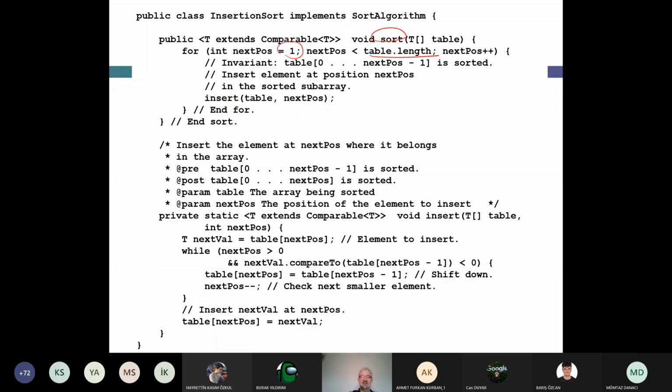So insert method inserts the element at next pos into where it belongs in the array. It assumes that the elements until next pos are sorted.